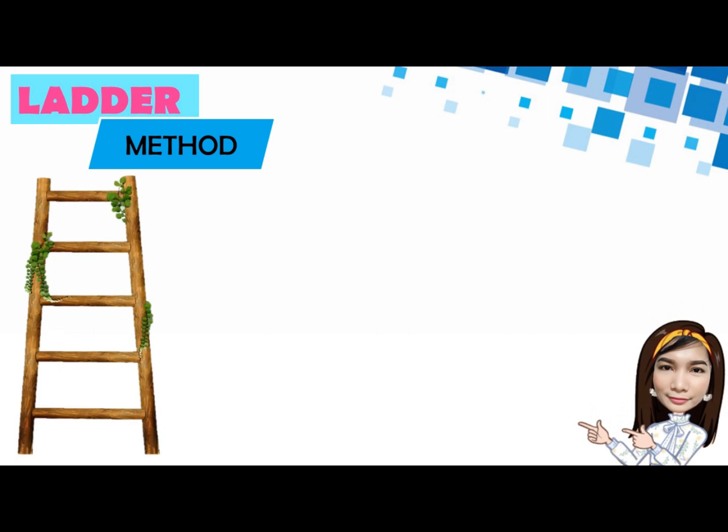Next, we can use the ladder method. So let's have 24. Here, we're going to make an upside down division box. You put your divisor outside and the quotient underneath or below.